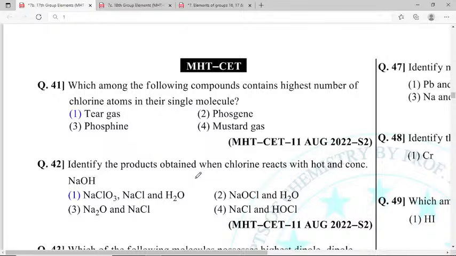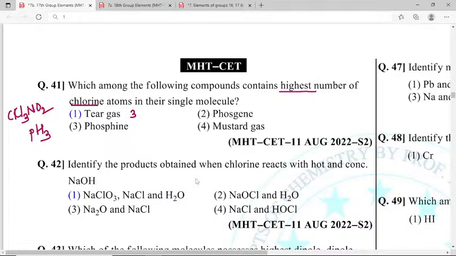Which among the following compounds contains the highest number of chlorine atoms in a single molecule? So this is CCl3NO2. This is tear gas. So how many chlorine? 3 chlorines. Next I have phosphine, PH3.